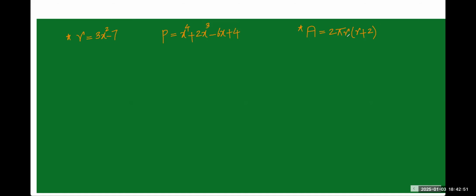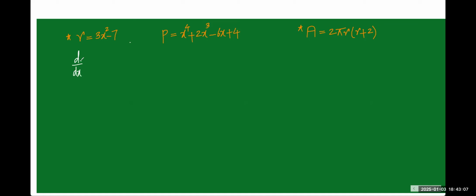For the second one, I'm stuck about the 6x minus 6x, what happens to that? Look at how you are getting the answer. This one is correct.